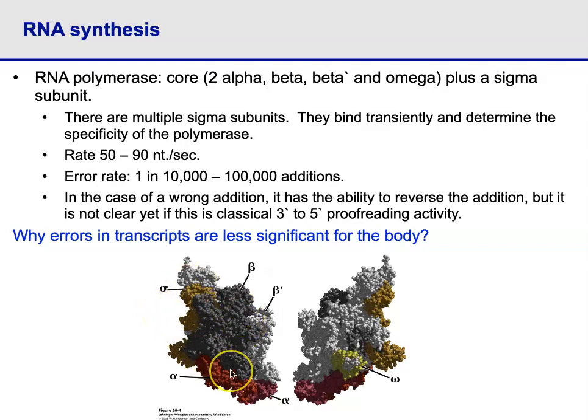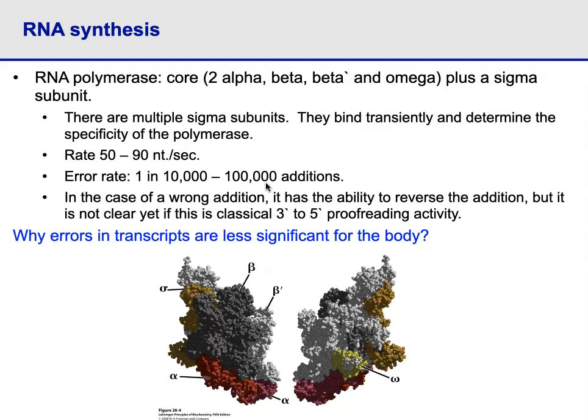The rate of synthesis is 50 to 90 nucleotides per second, and the error rate is 1 in 10,000 to 1 in 100,000 additions. Now, do you recall what the error rate was in DNA replication? It was 1 in 1 to 10 billion bases. That is quite high, or rather, the process is far more strict compared to transcription.